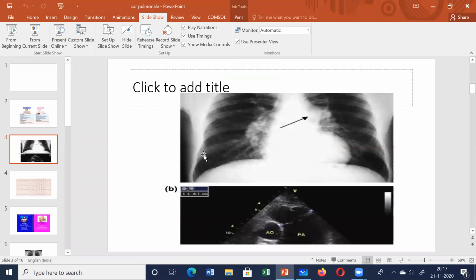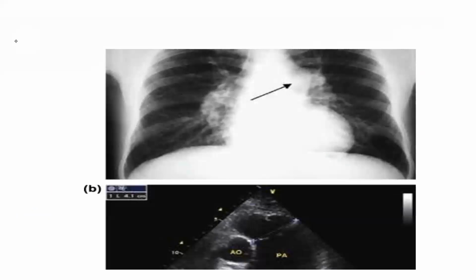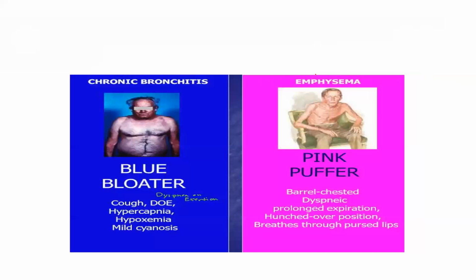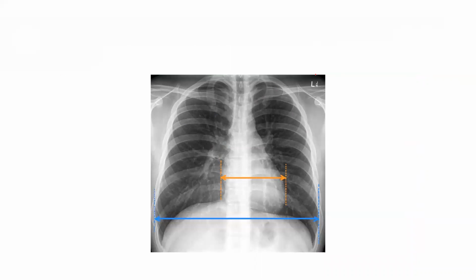Let us look. This is a chest X-ray of a patient. Look at this chest X-ray. What is this arrow pointing at? This is actually showing the enlarged main pulmonary artery. If you look at a normal X-ray, the pulmonary artery is not prominent.